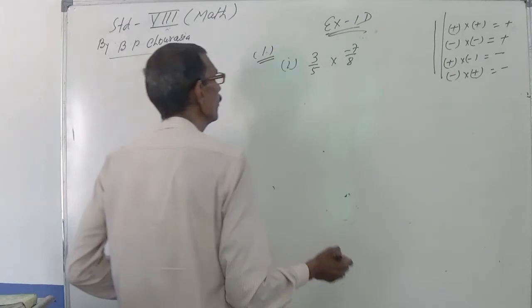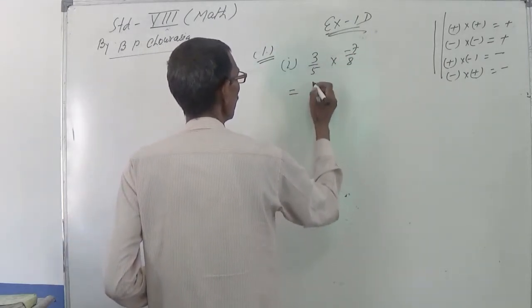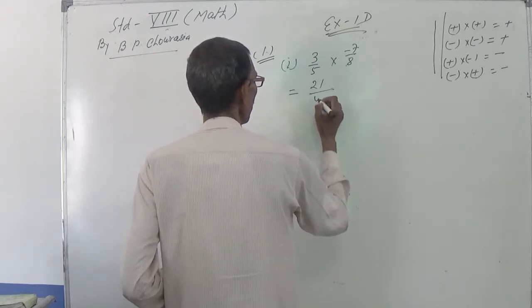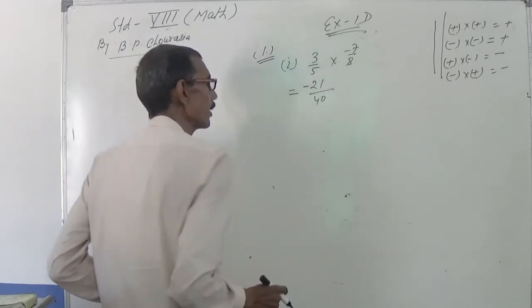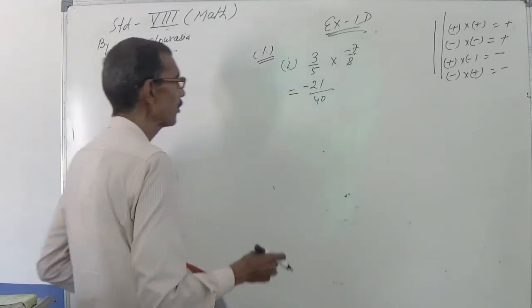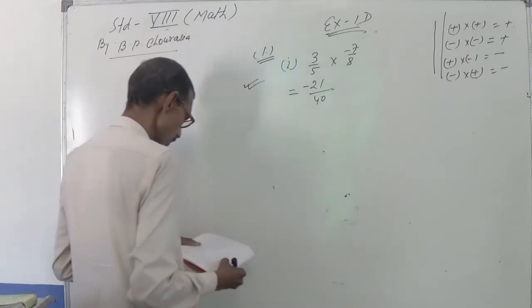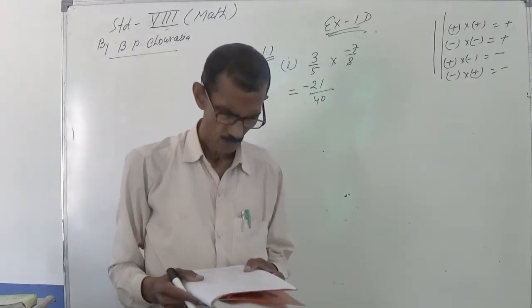Always follow this rule. This is equal to 3 times 7, 21 by 40. Here this is negative, so put minus 21. In a similar way, you can find the product of the given rational numbers.